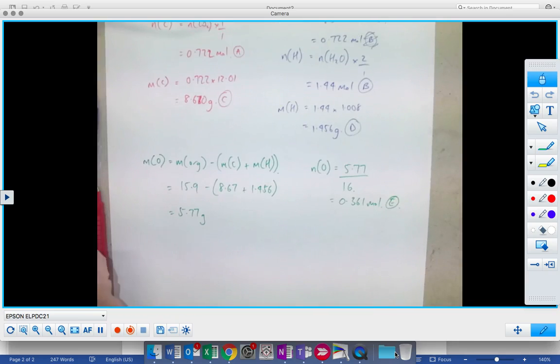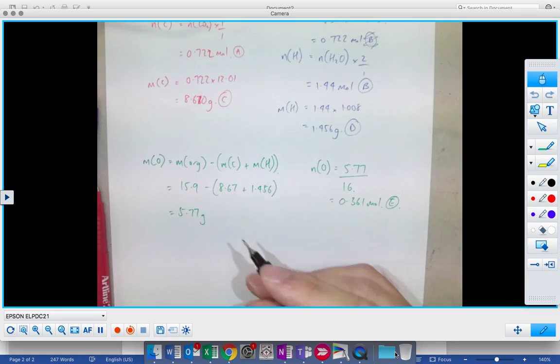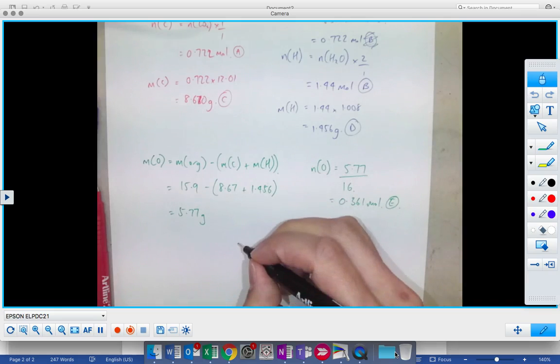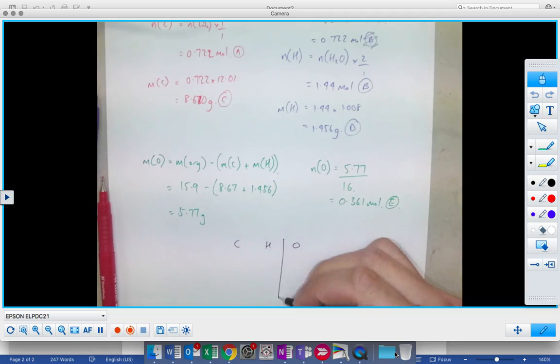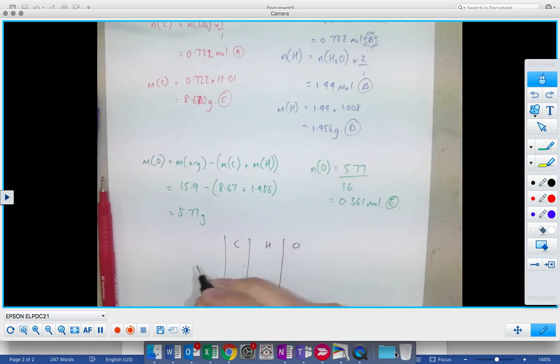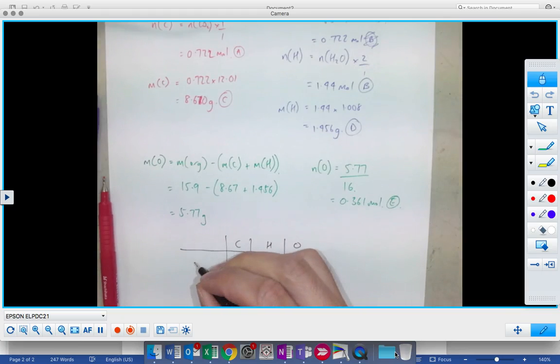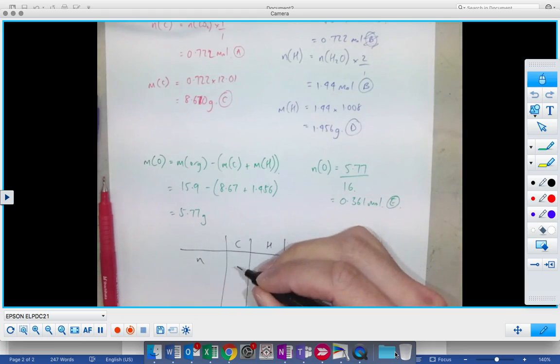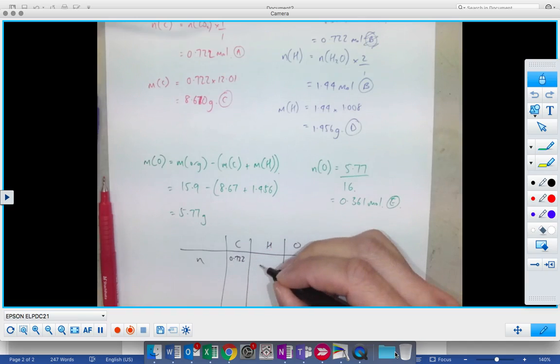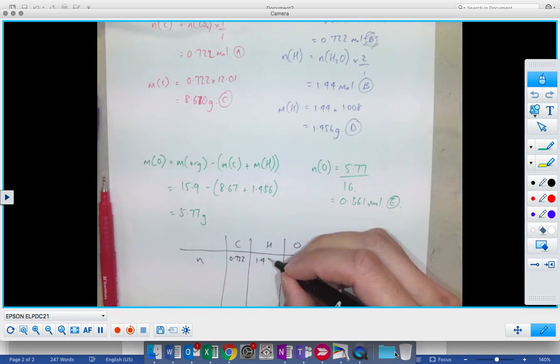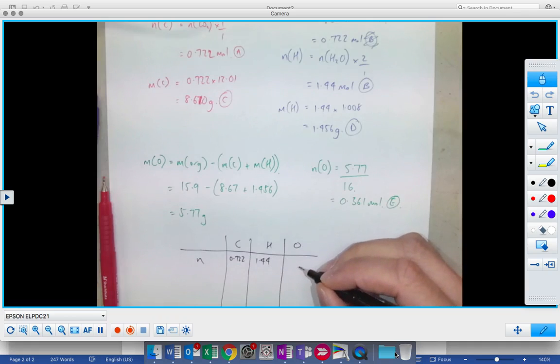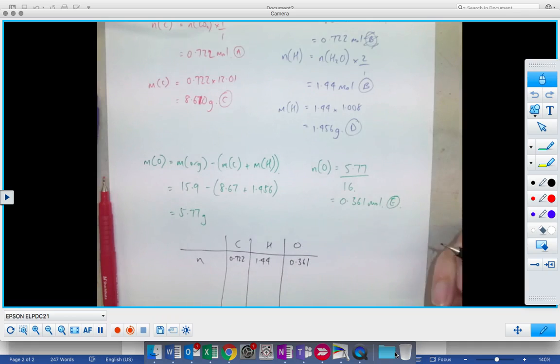Okay, now I can work out the empirical formula. I have C, H, and O. I have the number of moles of each, so I have 0.722, I have 1.44, and I have 0.361.